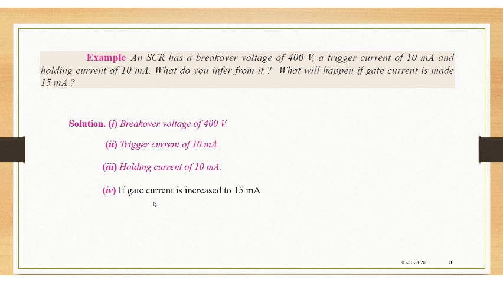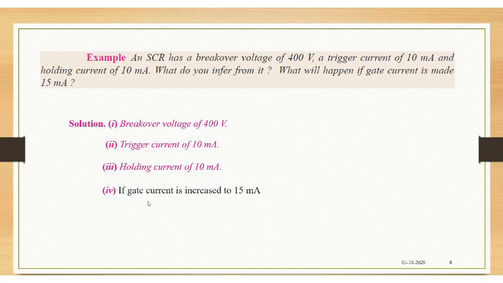Now the third point is, if gate current is increased to 15 milliamps, initially it was 10 milliamps, what happens? Recall the characteristics again. If my gate current is increased to 15 milliamps, that means you are turning on the SCR earlier with still lower supply voltage. Recall that.